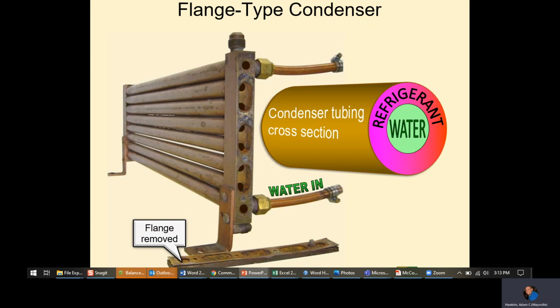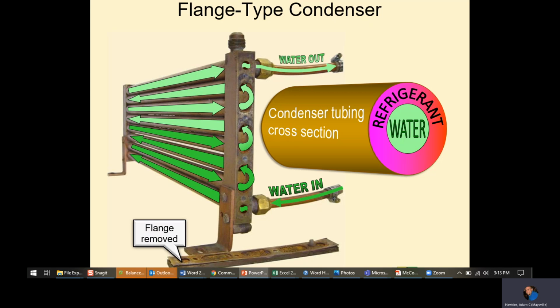Tube and tube condensers. One way that you can use water instead of air to actually condense. A lot of coolers, ice machines, freezers, even commercial AC systems, will use water as a condensing medium instead of using air. That way you don't have to worry about outdoor air temp.